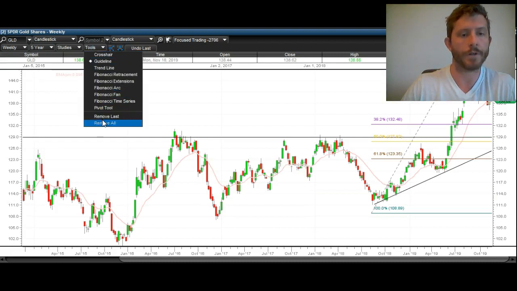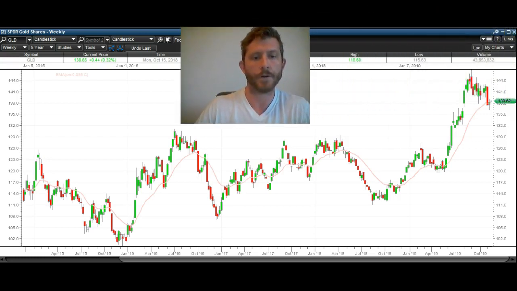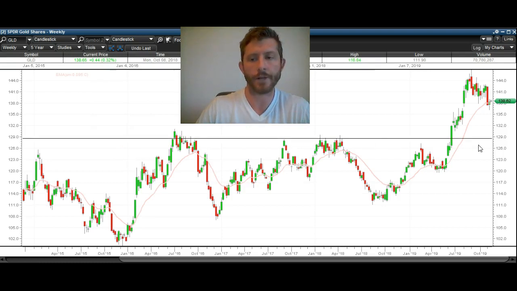Oops, I'll delete all these. Alright, so what we have here, put my face up here. Right here we have this main resistance level that is now going to be support. It's right around 129. We also have a very nice uptrend line right here, and that lines up pretty well with this support.